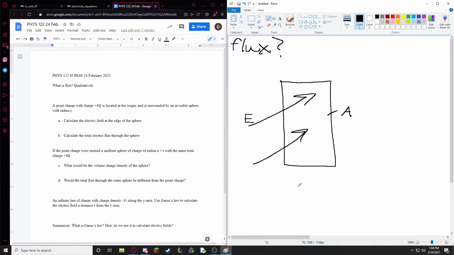In this case, however many electric field lines pass through our area A is the total flux, in a sense. Mathematically, does anyone know what that would be? How do we relate our electric field and our area to the flux?